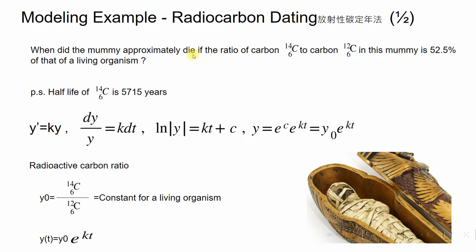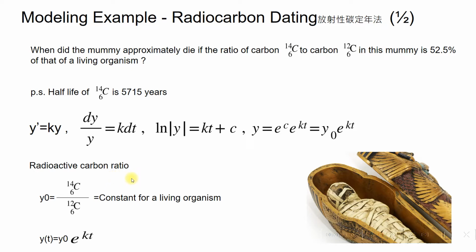First, let's see the ratio of carbon 14 to carbon 12 is denoted as y0, and y0 is constant for a living organism. And after this living organism died, it stops eating and breathing.